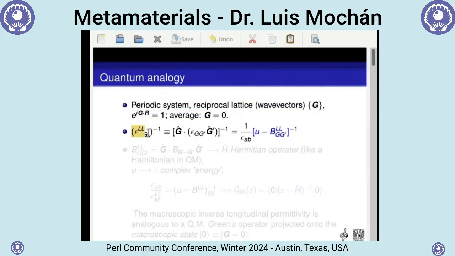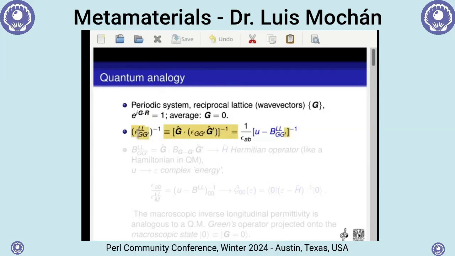Then the longitudinal projection of the dielectric response turns out to be just the Fourier transform of the dielectric response multiplied by unit vectors on the right and on the left. These are unit vectors in the directions of vectors of the reciprocal lattice. So this is like a matrix representation of the dielectric response, where the indices are the reciprocal lattice vectors.